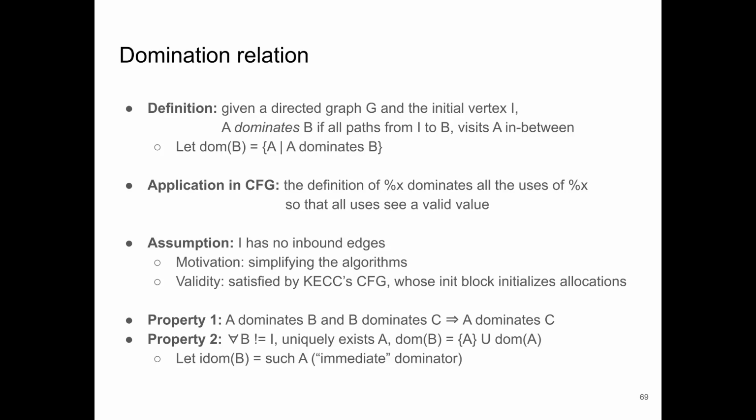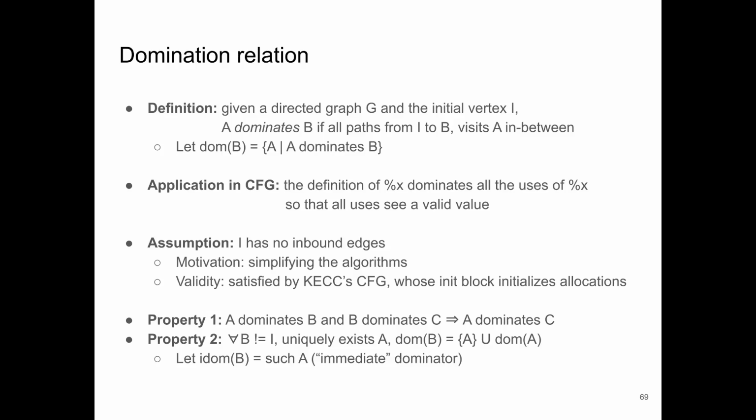All the optimizations transform a given IR into an output IR, and it is guaranteed that this property, that the initial vertex I has no inbound edges, is preserved among the optimizations.